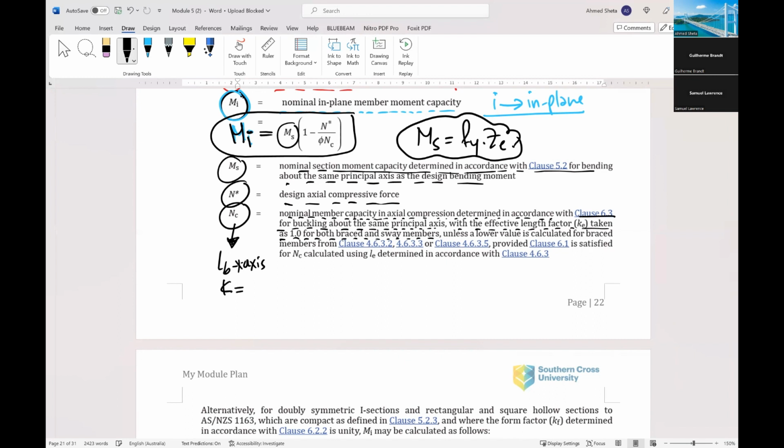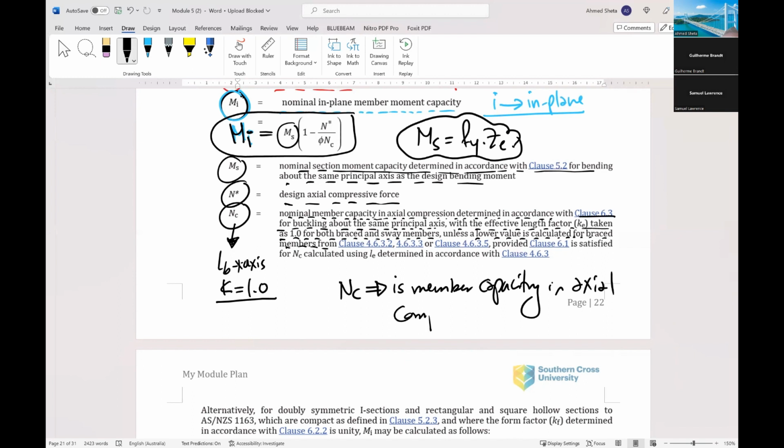So K equals 1, unless a lower value is calculated for a braced member from these clauses. Again here, Nc is the member capacity in axial compression.